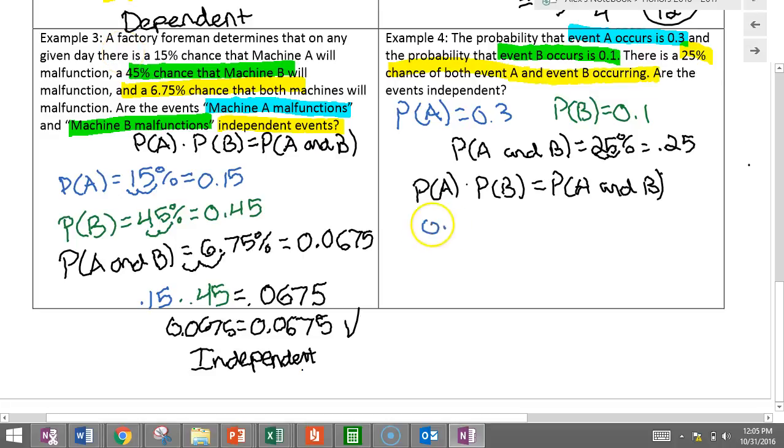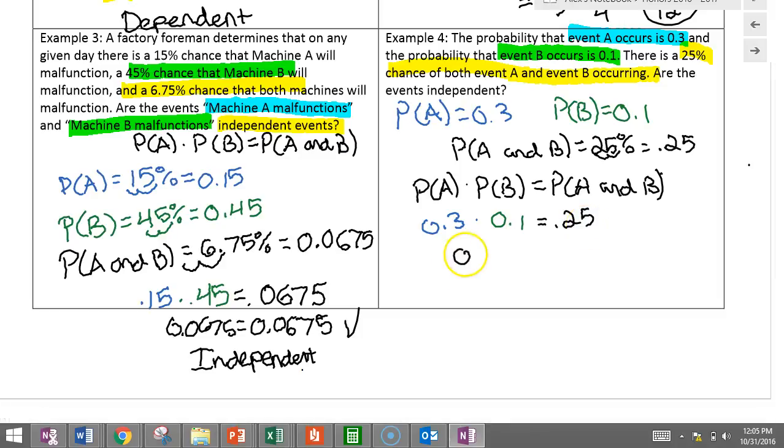So I had 0.3 times 0.1 equals 0.25? Right? So 0.3 times 0.1 is 0.03. Well, those are not equal. So these two events would be dependent.